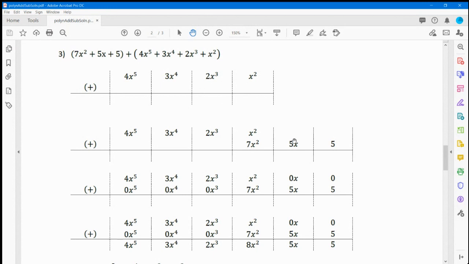So we have to make a column for that, and that's what we did here. Same thing for the 5. There's no column that has constant terms only in it. You can't put 5 in one of these columns because 5 and any of these terms are unlike terms. So 5 gets its own column.